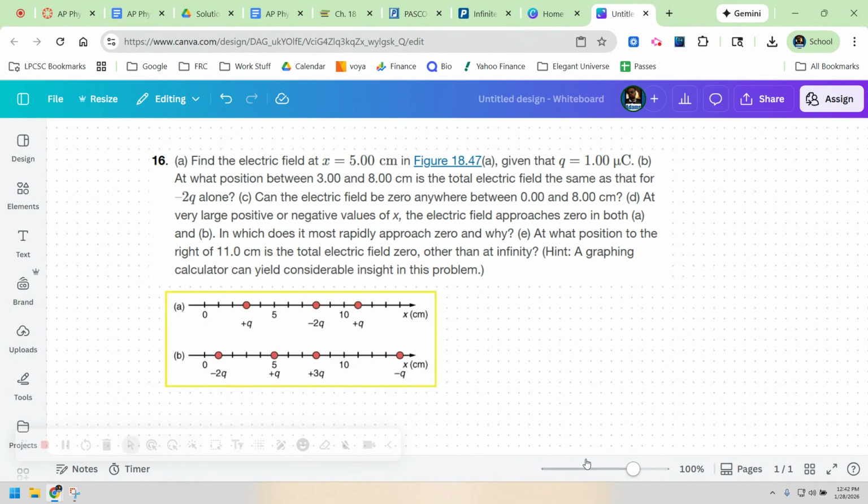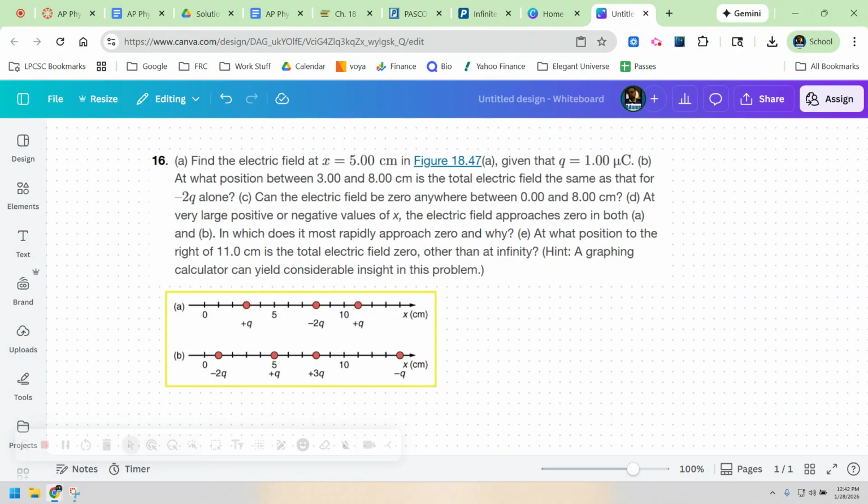Part E, oh, this is a big question. At what position to the right of 11 centimeters is the total electric field 0, other than at infinity? And then it says use a graphing calculator. That's a little hint. All right, so let's just start with A.